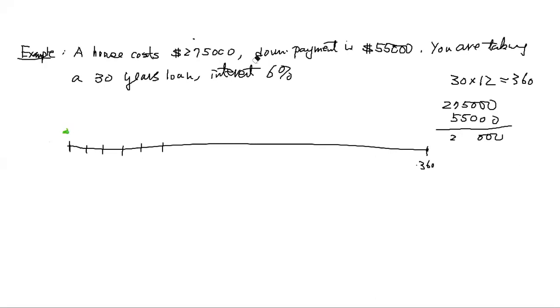So this one here is 220. Okay, so now this is how much your house is worth, right? So now what you try to do here, you want to find out the monthly payment for your house.